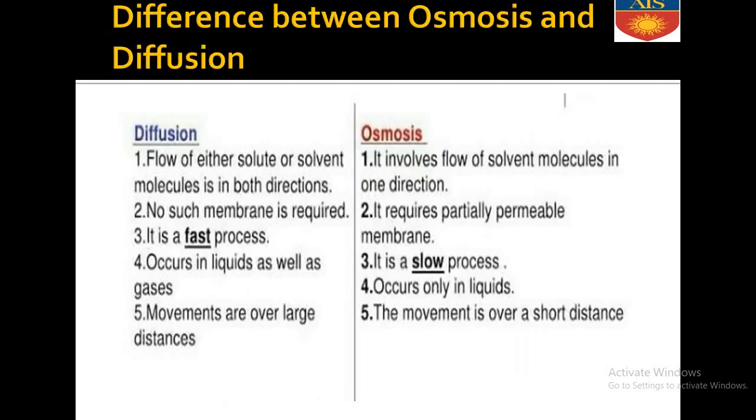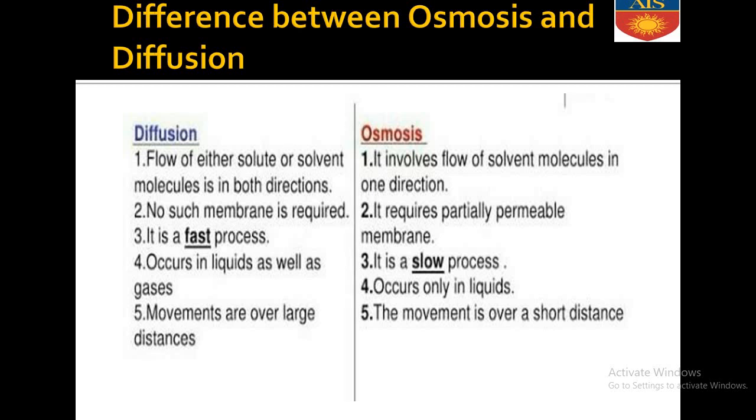Clear? Next, what is the difference between osmosis and diffusion? In diffusion, the flow of either solute or solvent molecules takes place in both directions. But osmosis generally involves the flow of solvent molecules, and only in one direction.